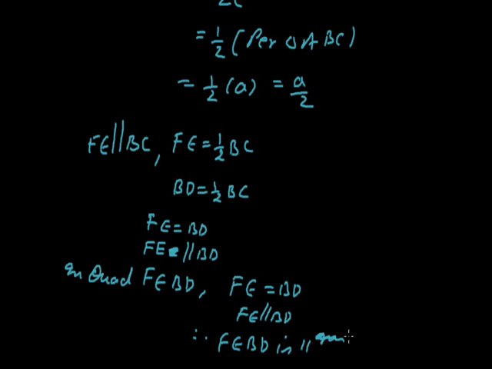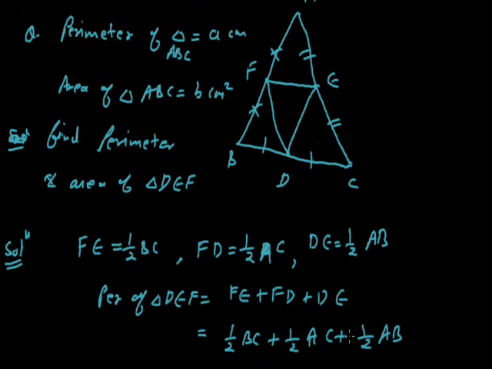So as FEBD is a parallelogram and FD is a diagonal, and we know that the diagonal divides a parallelogram into two congruent triangles. So FBD and DEF are congruent triangles, and we know that congruent triangles are equal in area. So let's say if the area of this triangle is x, the area of this triangle is also x.